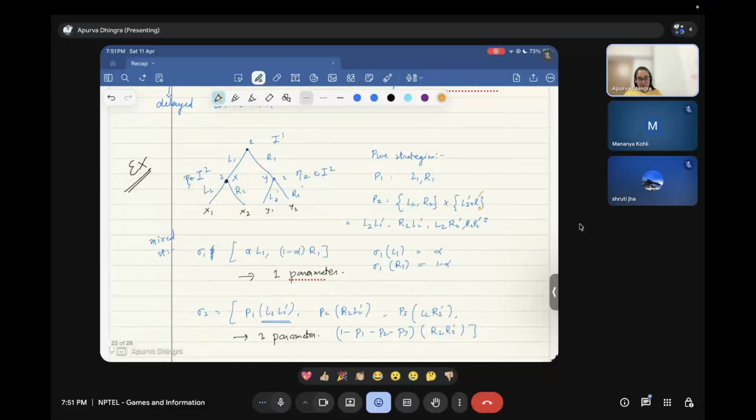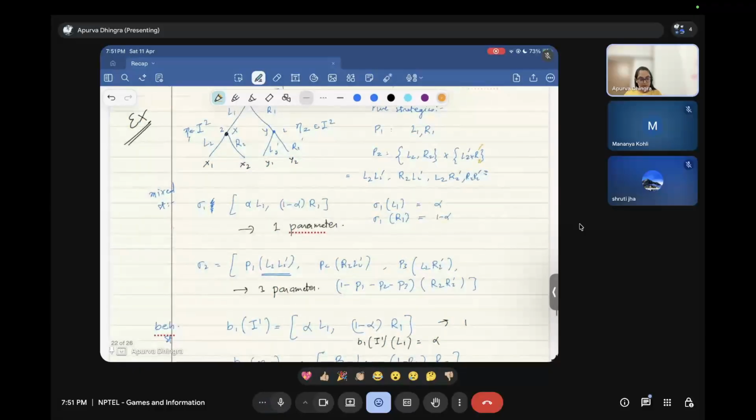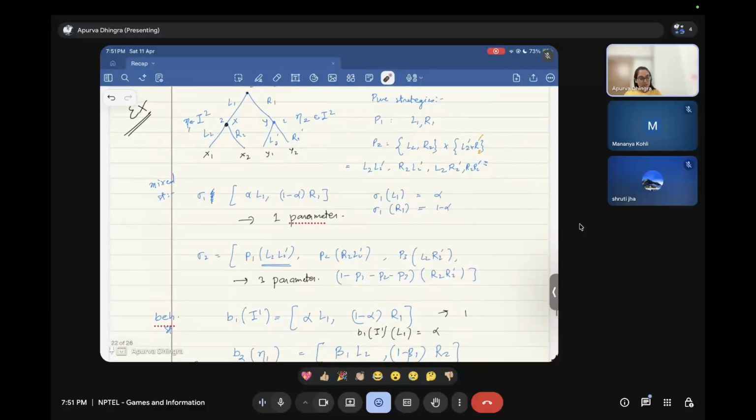For him, the mixed strategies and behavioral strategies have different meaning. Mixed strategy basically means he will assign probability to each of these. This is a pure strategy in terms of normal form, right?